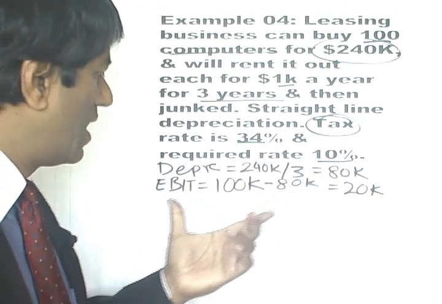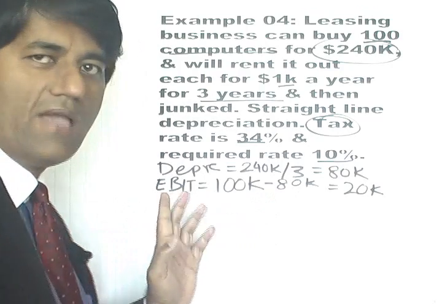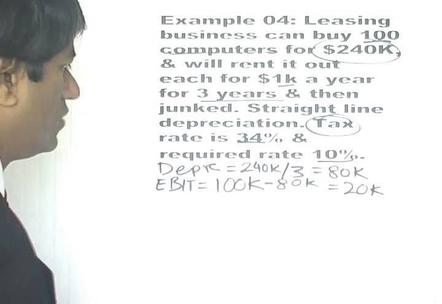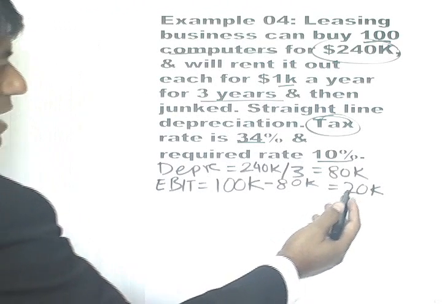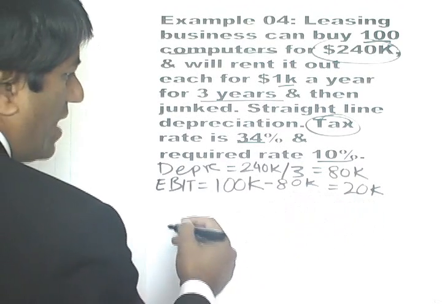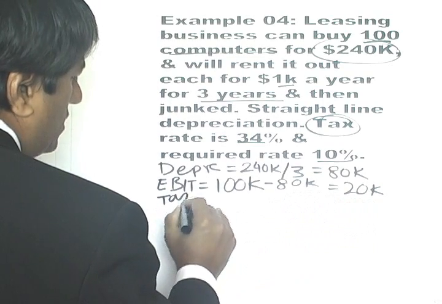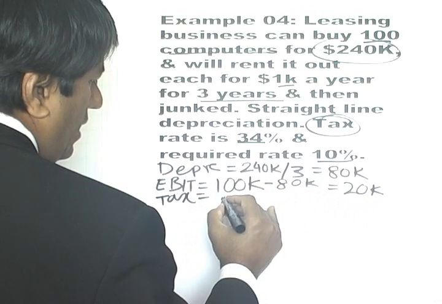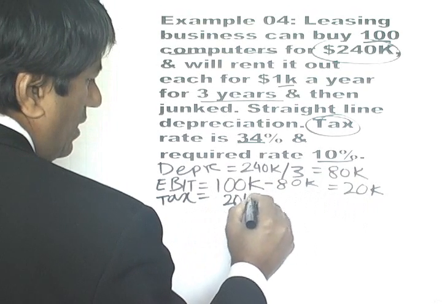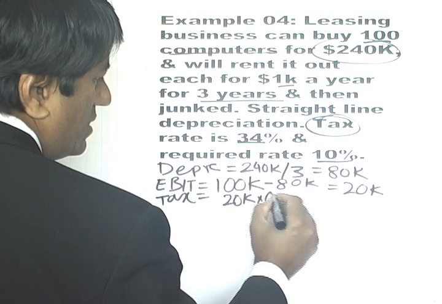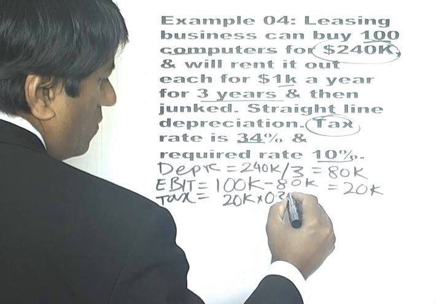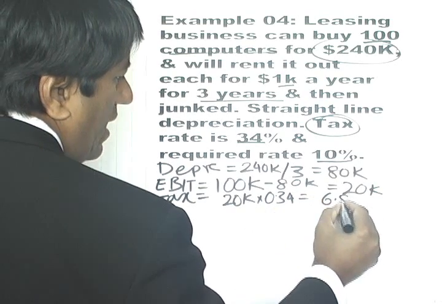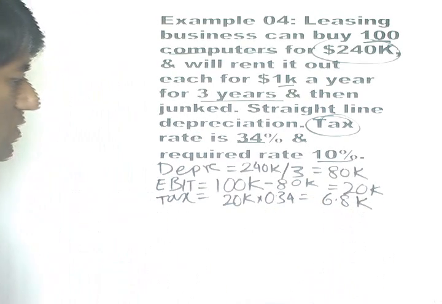Now, if your EBIT is 20,000 and you don't really have any interest payments, so your tax is going to be EBIT times the tax rate. So tax is going to be 20K times 34%. That is equal to 6.8 thousand.